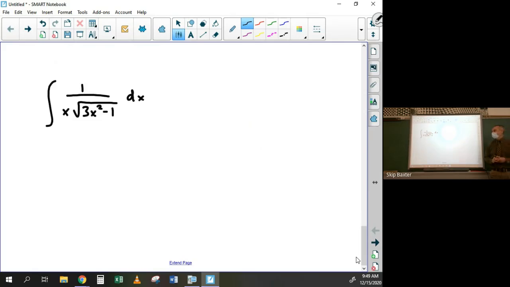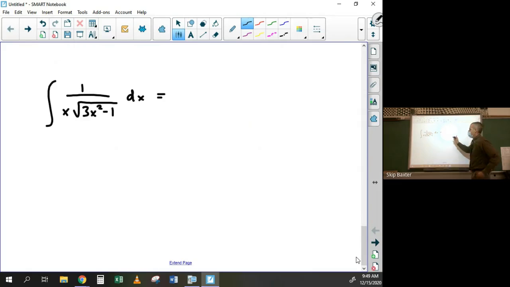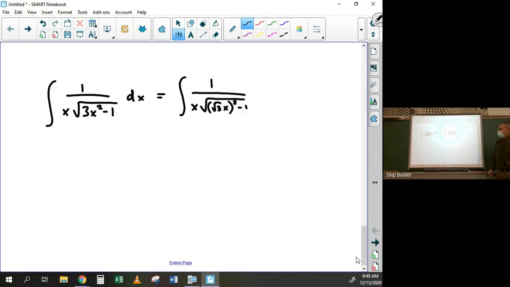Inverse secant, right? But there's this troublesome little 3 here, but it's not that hard to fix. This is more like the first one we did. You could write this as 1 over x radical 3x squared minus 1.